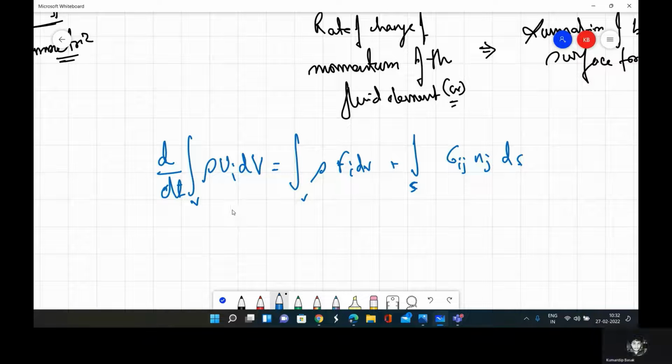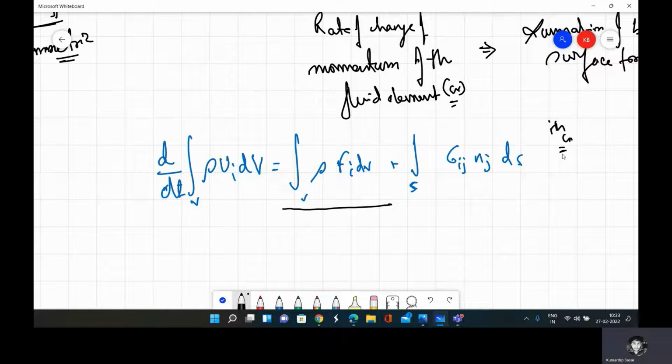Understand this. This is the rate of change of momentum, that is equal to my volume force. This is rho density. Fi is the force per unit volume in the ith component. And sigma ij into nj, this is the surface force, where sigma ij is the stress tensor and n the area normal, integrated over the whole area. You get the net surface force for the ith component.